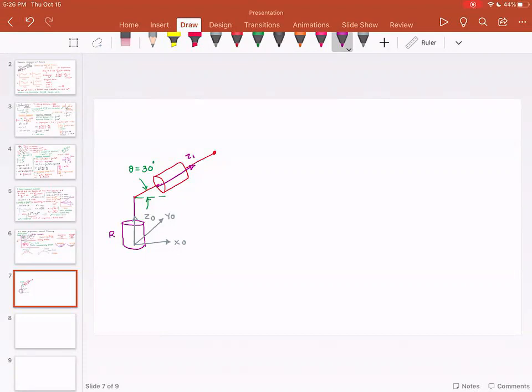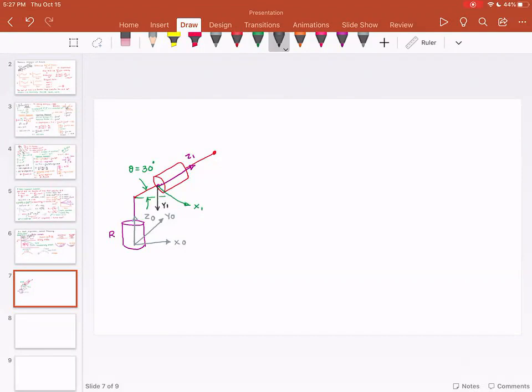Understand the condition for x1: x1 has to be perpendicular to z1 and x1 has to be perpendicular to z0. So what I could potentially do is I could add my x1 something like this. And then I could add a y1. So I have x1, I have z1, and now I have y1.